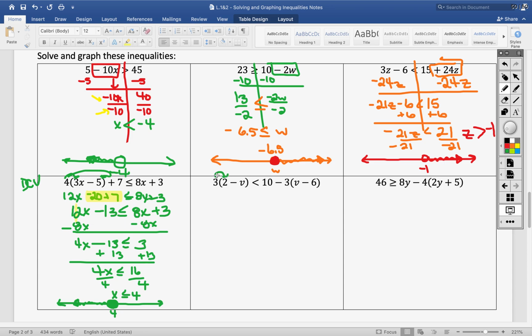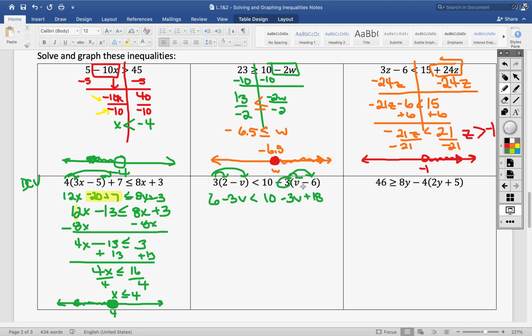Distribute. 6, negative 3v. Remember, you're distributing the negative 3. So 10 minus 3v plus 18. Why was it a plus 18?